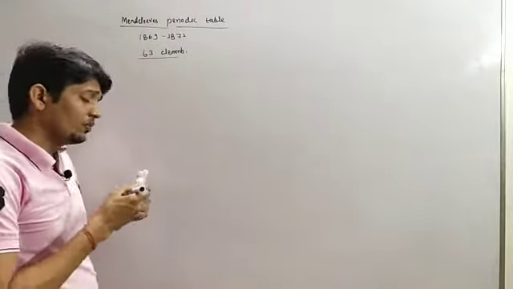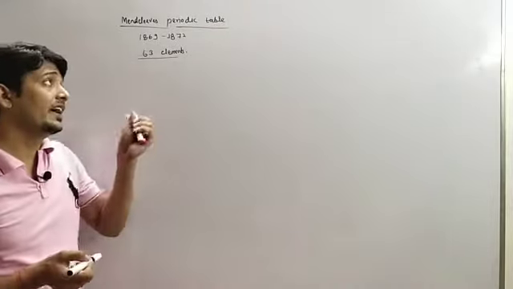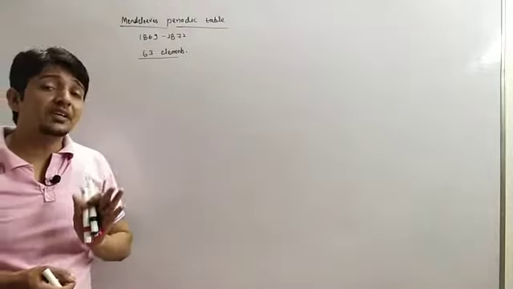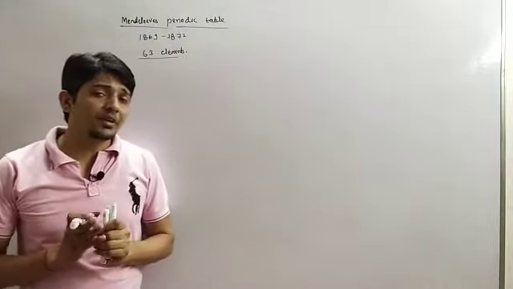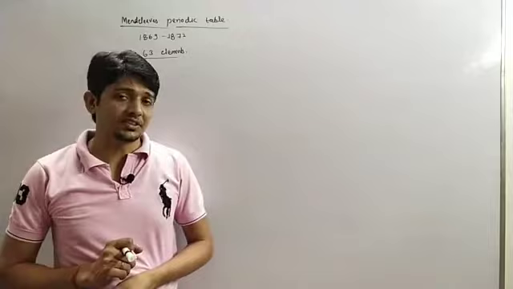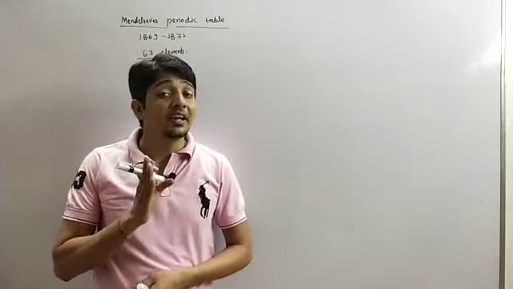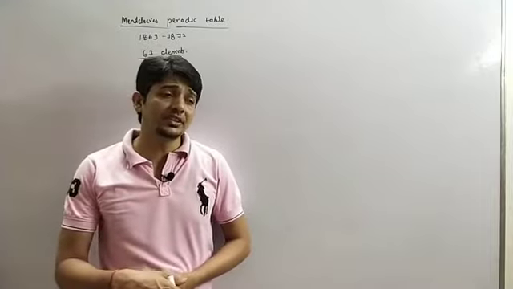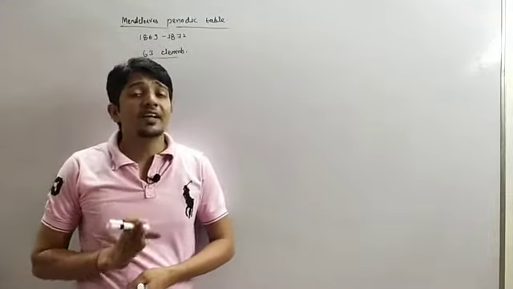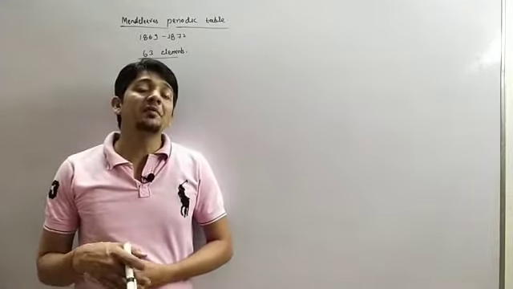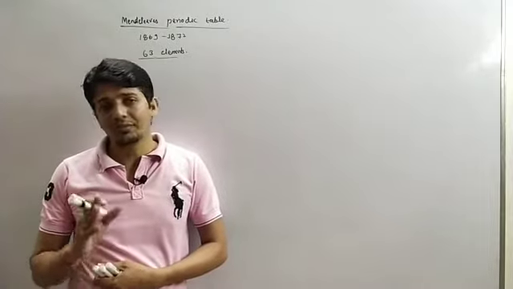So what he has done, he has related the chemical and physical properties of element to their atomic masses, and he has arranged all the elements in increasing order of their atomic masses, and he found there is repetition in chemical and physical properties of element.